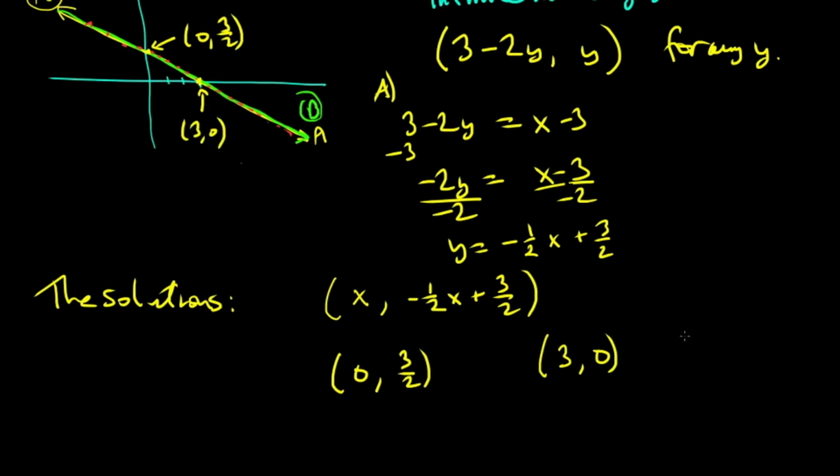So for example, let's suppose x is 12. What would y be? So y is going to be negative 1/2 times 12 plus 3 over 2.